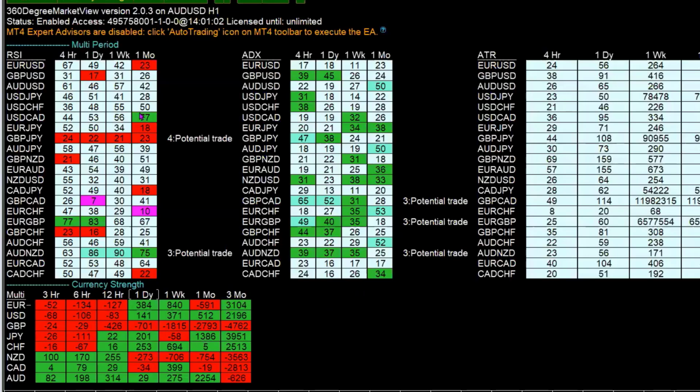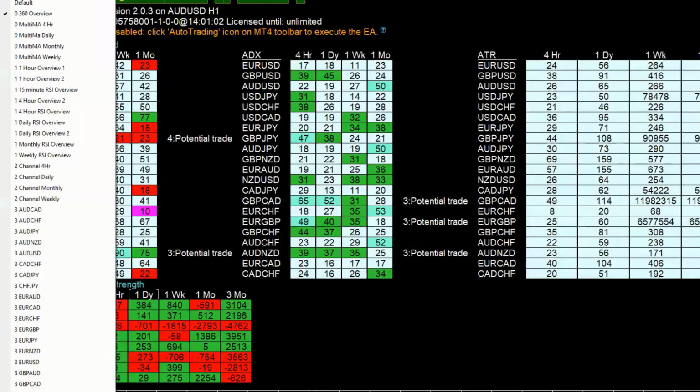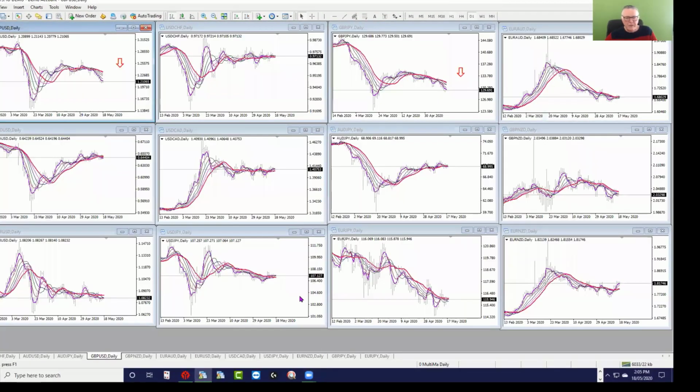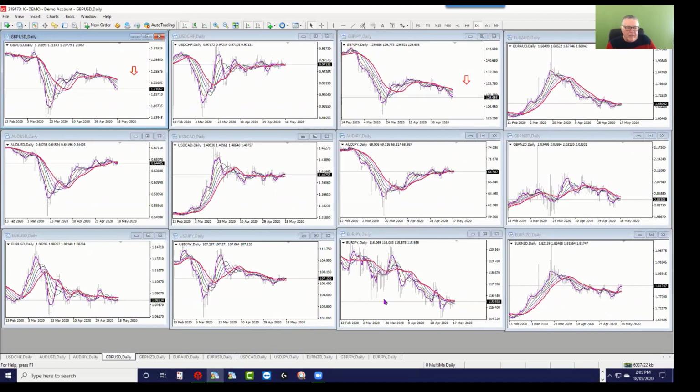Okay, great. So then I'll move on to the multiple moving averages. I'm going to go straight to the daily ones, because that might give us a good idea of what's going on. Remember, we saw a weak pound in the RSI table and in the relative strength.